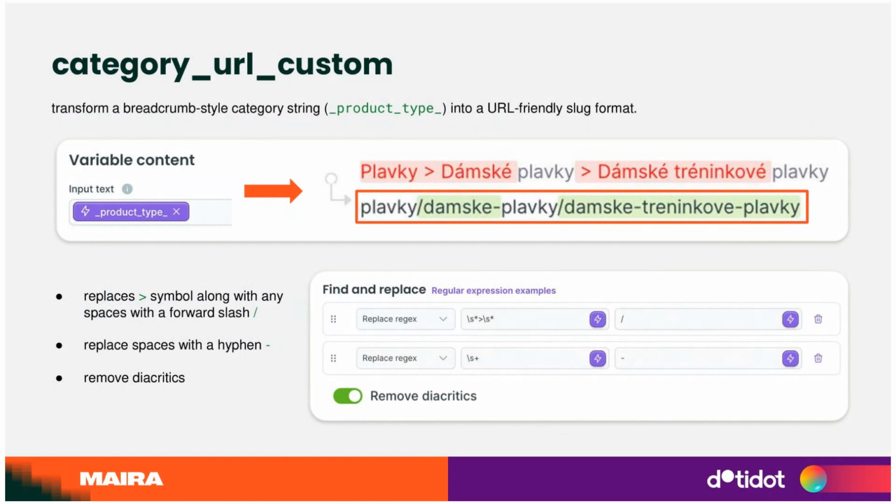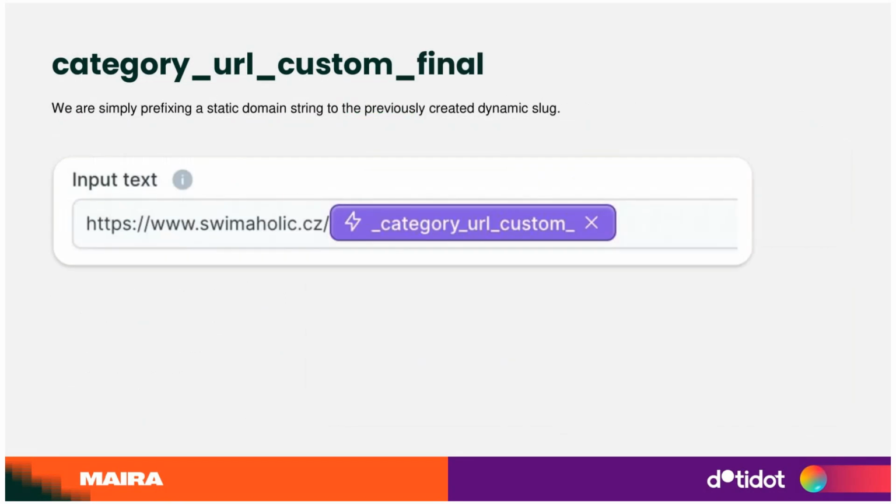I use regular expressions. You don't have to be able to write regular expressions yourself. Feel free to use any AI platform assistant that you are used to. And basically, this is it. We have the foundation for the URL.